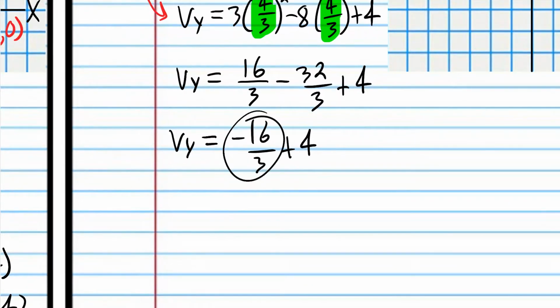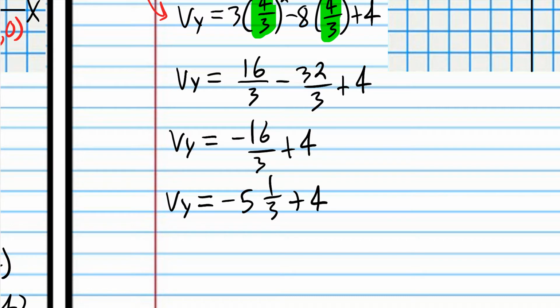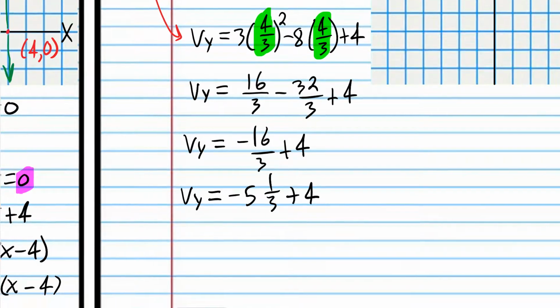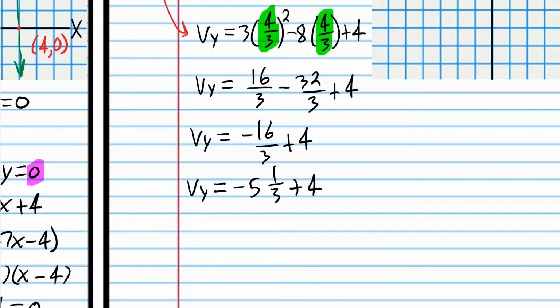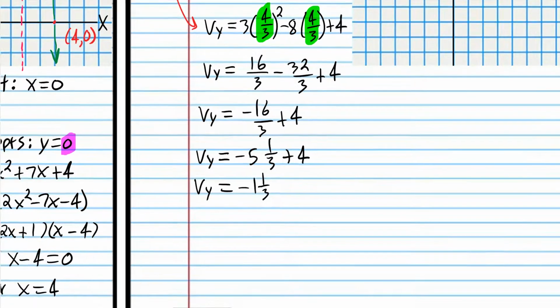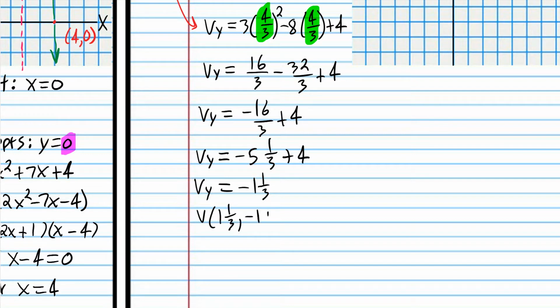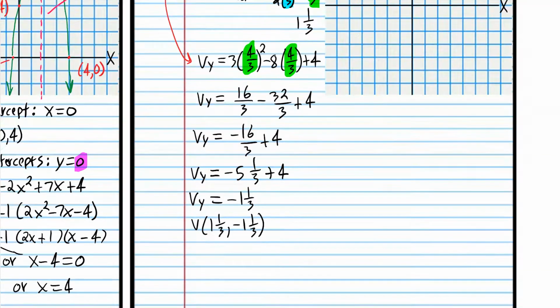And we want to change this to mixed numbers, so 3 goes in 5 times, and the remainder is 1. And so combining those, we get negative 1 1/3. So the vertex is 1 1/3 and negative 1 1/3.